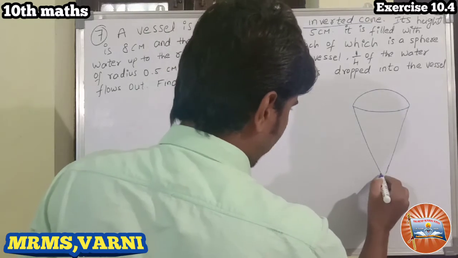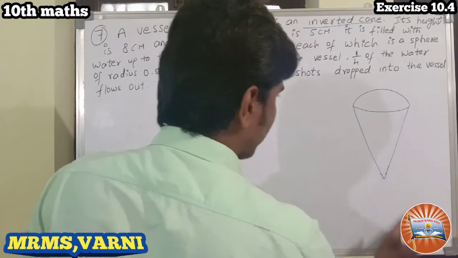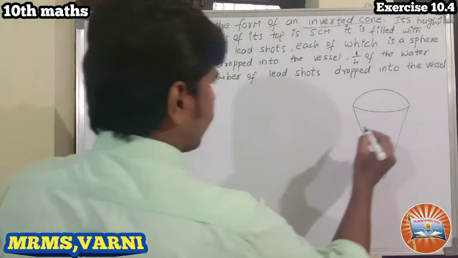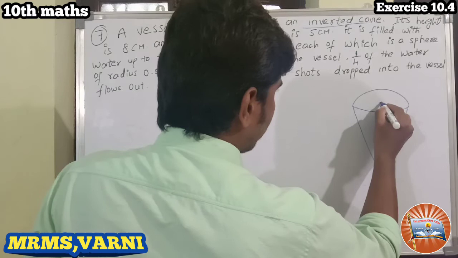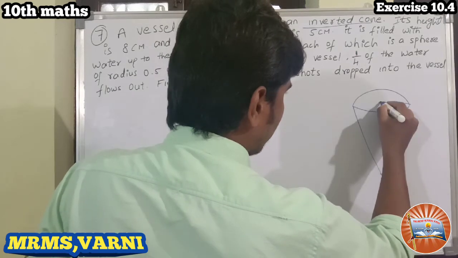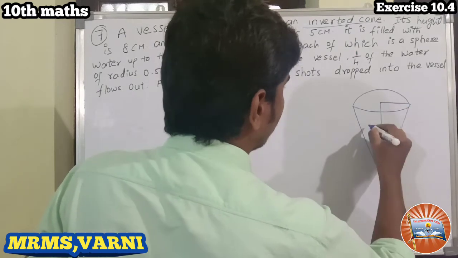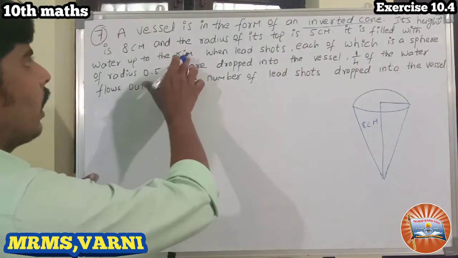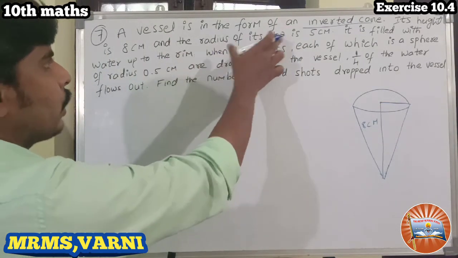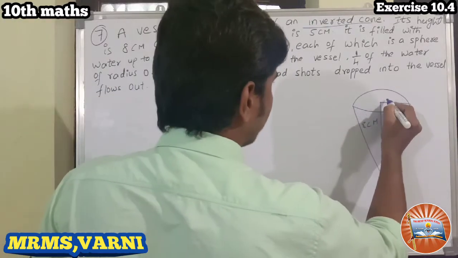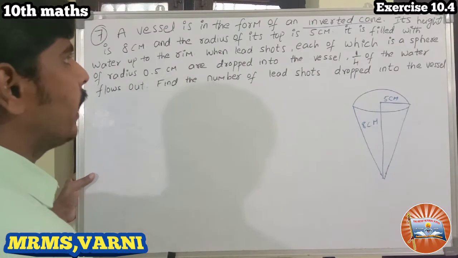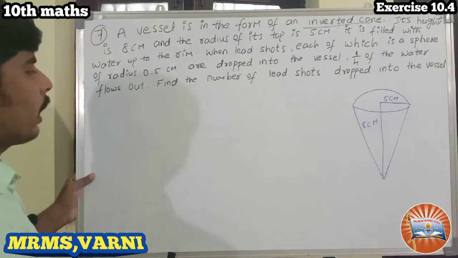It is not a cone actually, it is a cone shaped vessel. Its height is 8 centimeter. Suppose here it is radius and this is the height. It is given 8 centimeter height and the radius of its top is 5 centimeter.